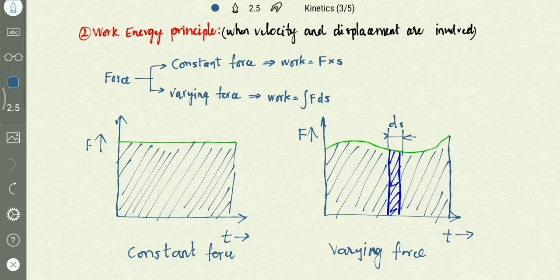Work is the product of force and displacement. Force can be a constant force or a varying force. When it is a constant force, the work done is force into displacement. When it is a varying force, it will be the integration of force into the small displacement.